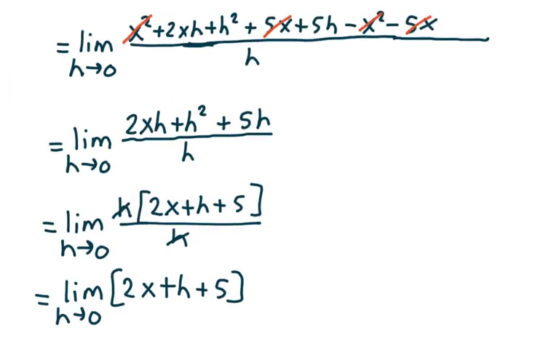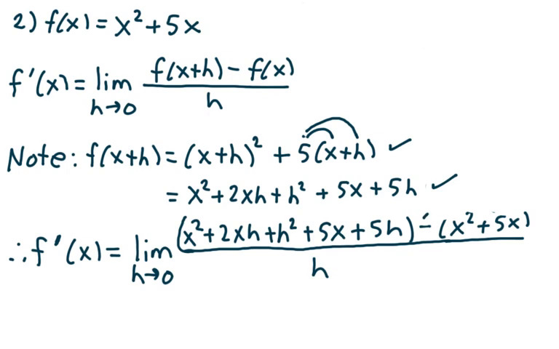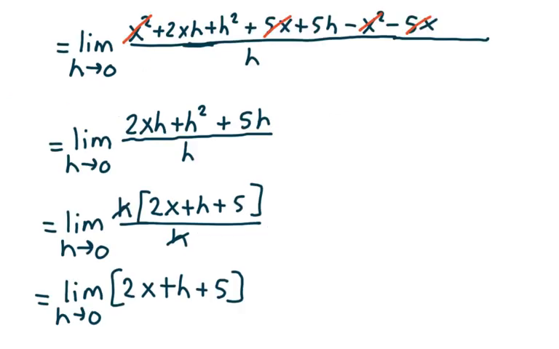And so this is the limit as h goes to 0 of x squared plus 2xh plus h squared plus 5x plus 5h minus x squared minus 5x all divided by h. And you notice over here I distributed the negative to each term within those second set of parentheses. And that's what I get on this page.